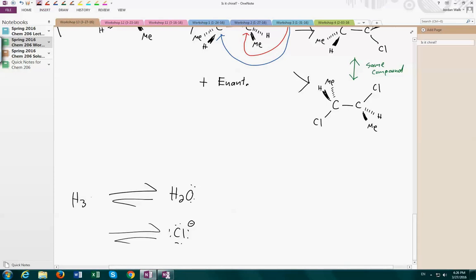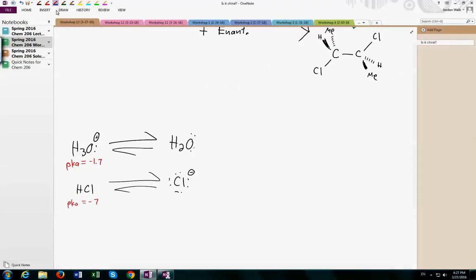The conjugate acid is H3O plus. Here, the conjugate acid is HCl. The pKa of H3O plus is right around minus 1.7, and the pKa of HCl is something like minus 7. So what's the stronger acid? It's definitely HCl, right? So we've got our stronger acid here. What's the stronger base then?